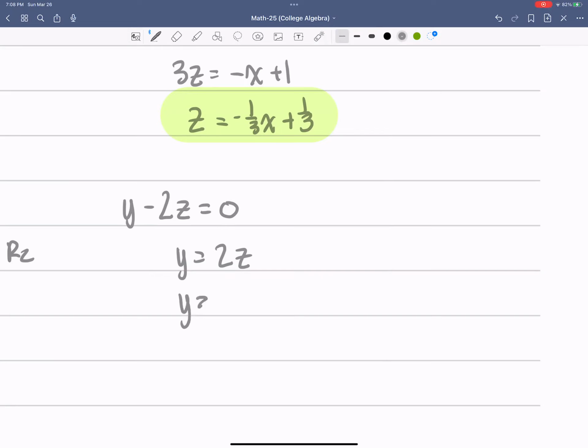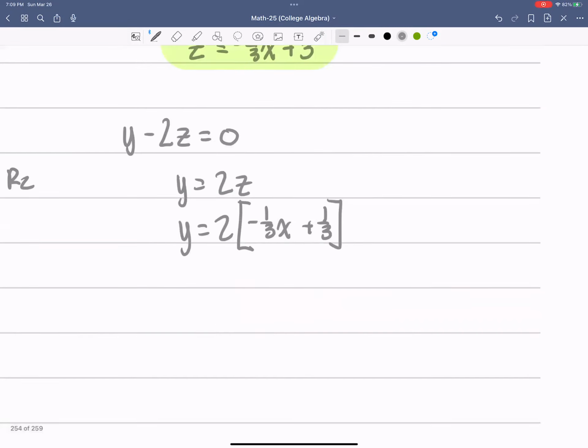So in this case, y is equal to 2z. We're plugging in what we got for z. And we have y is equal to negative 2 over 3 x plus 2 over 3.